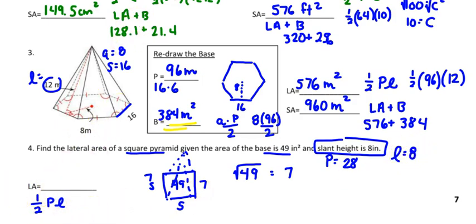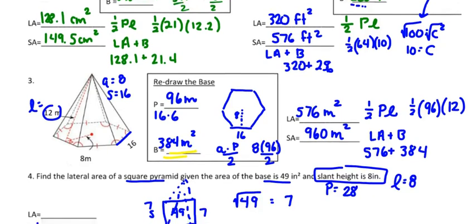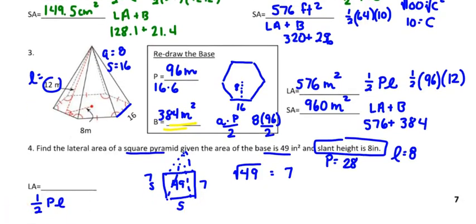Perfect. Okay, I'm just going to do a different color. So 1/2. Our perimeter we said was 28. Our slant height we said was 8. And that'll give us our lateral surface area of 112.